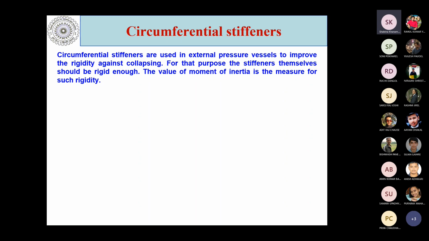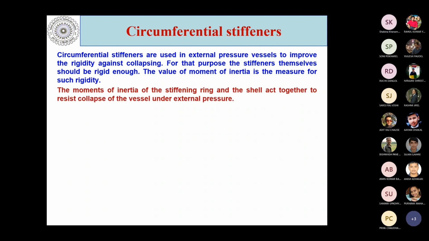Okay, so the value of moment of inertia is the measure for such rigidity, and this moment of inertia is basically the second moment of inertia, and that we also call area moment of inertia. Okay, so I hope all these terms you are already aware of.